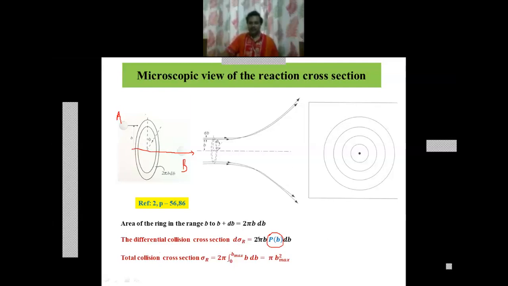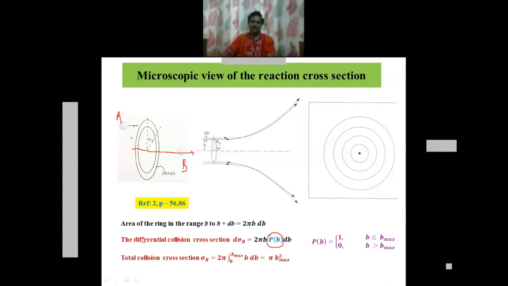If we replace this here, P(b) I am taking as 1, because we have used this step function. As long as it is within b max, the reaction is going to take place and P(b) is 1. Taking P(b) as 1 and integrating from 0 to b max, we get π b max squared.